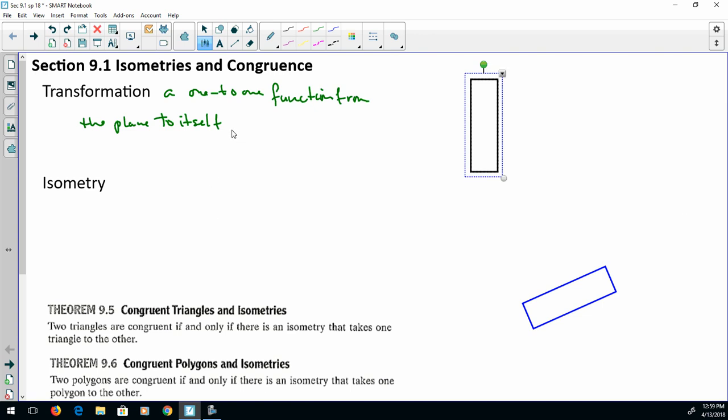Now, we don't really like it if the transformation changes the size and shape very much. So we're going to stick to an isometry. And an isometry is a transformation that has one particular characteristic. It preserves distance.